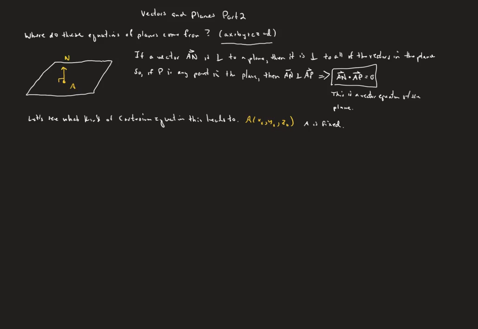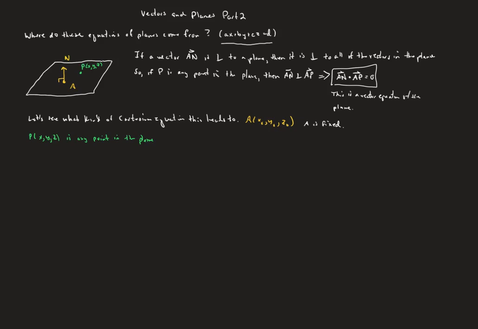And then we're going to say P has coordinates x, y, and z. And P is kind of our generic point, so it is any point or every point in the plane. So just to visualize it, I'm going to pick P to be over here, and I'm going to label it x, y, z. So there is our point P.